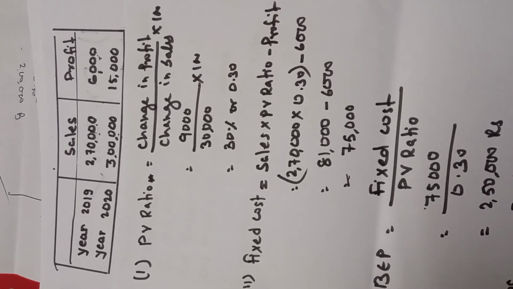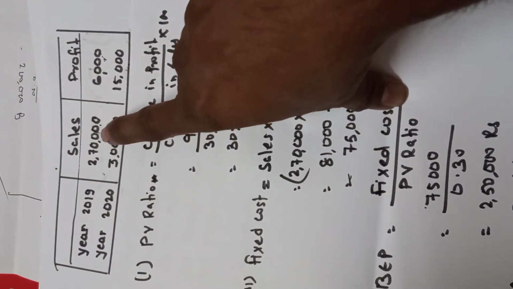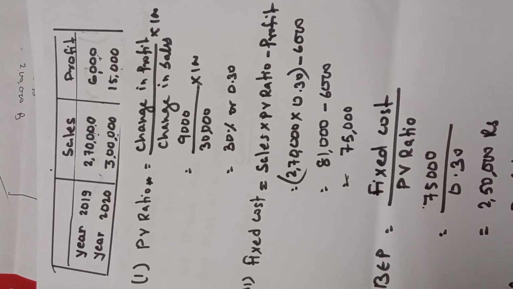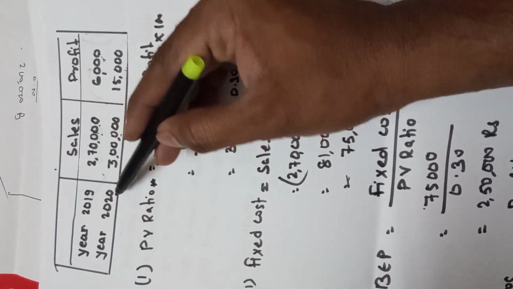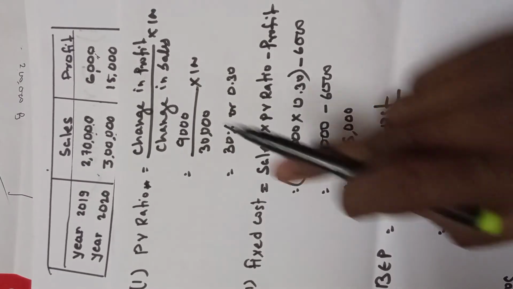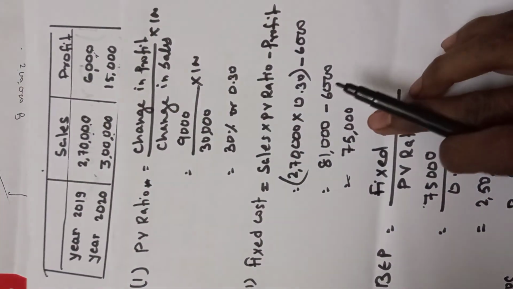So we get PV ratio 0.30. Next we found fixed cost. We can take any year, 2019 sales or 2020, and we will get the same answer. I'm going to show you by taking 2020 also.